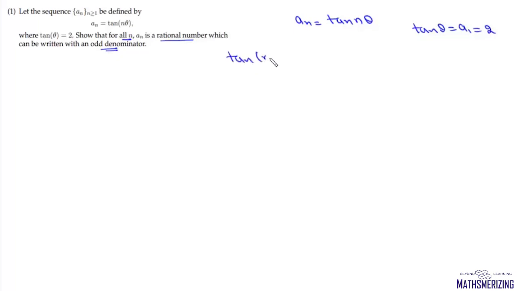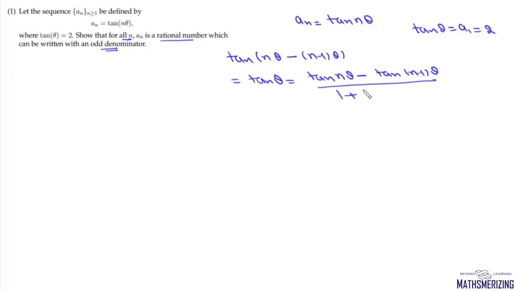tan of n theta minus (n minus 1) theta, which actually is tan theta, and we can write this as tan A minus tan B upon 1 plus tan A tan B. So we'll write this as tan n theta minus tan (n minus 1) theta upon 1 plus tan n theta and tan (n minus 1) theta.